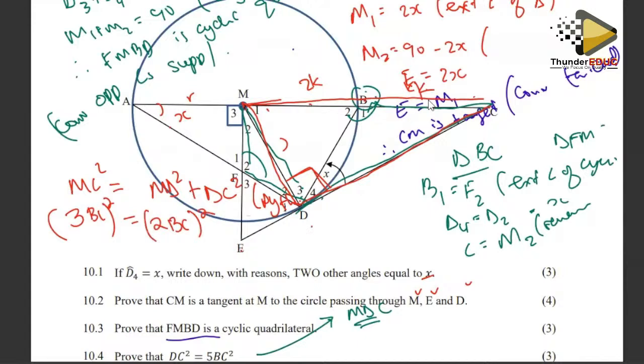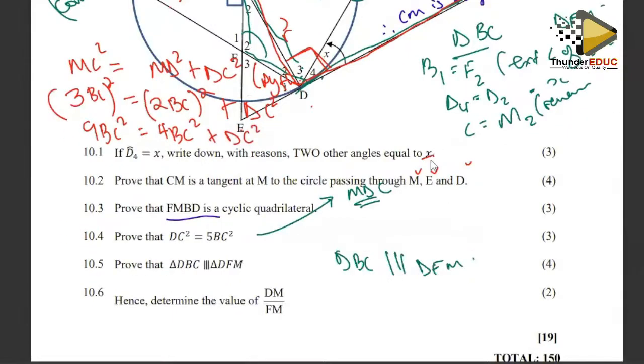Okay, because this is a radius and this is also a radius, so they have to be the same. Then our DC, we can keep it because it's part of our solution. Then this is gonna be 9 BC squared is equal to 4 BC squared plus DC squared. Let's move everything to that side. So it's gonna be 5 BC squared, meaning that DC squared is 5 BC squared.